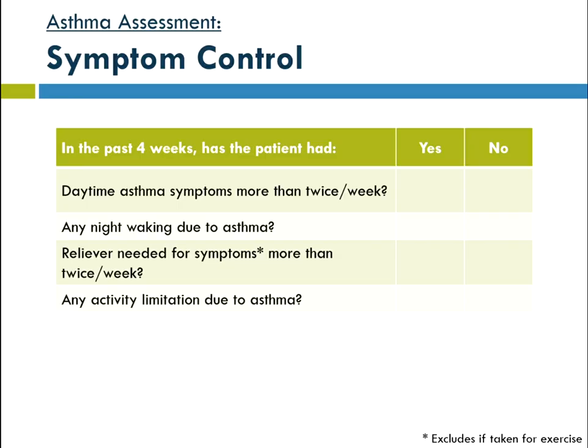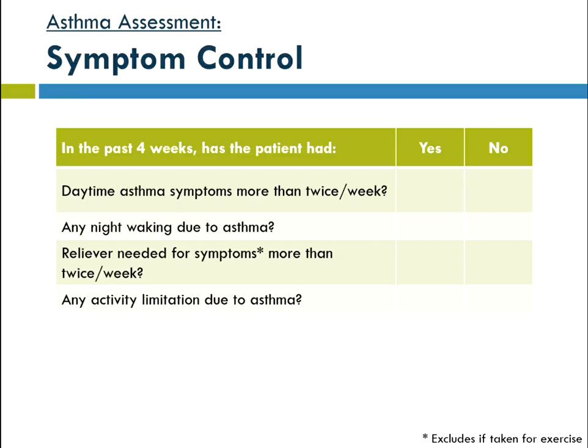Okay? So question number 1, are they having daytime asthma symptoms more than twice a week? If it says they're having symptoms several days, that's probably more than twice. Okay? So daytime symptoms more than twice a week. Number 2, any nighttime awakenings due to asthma. Any means 1 or more. Okay?